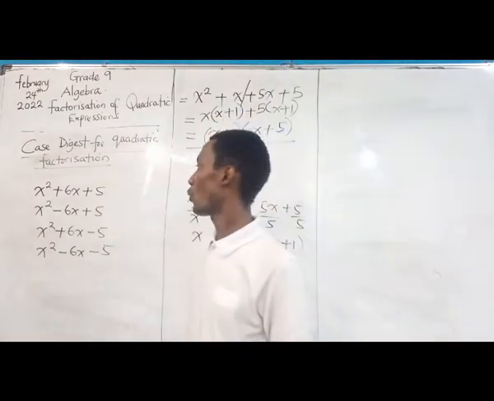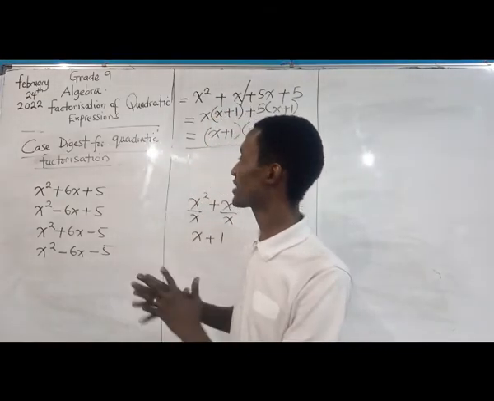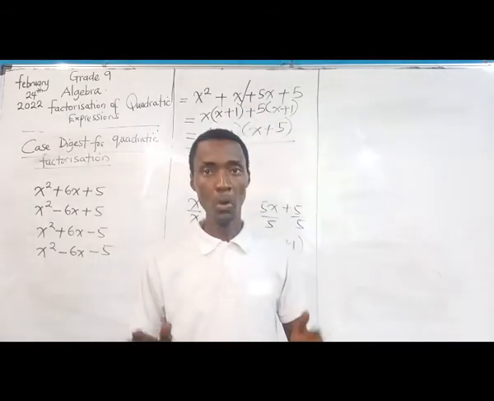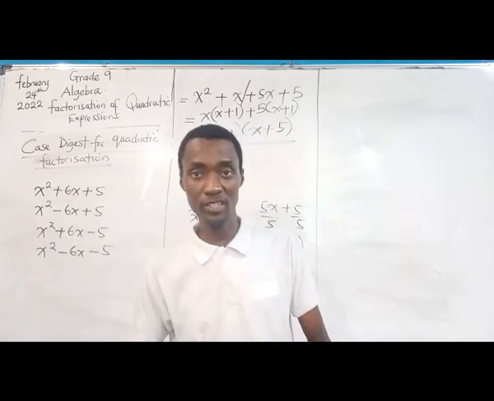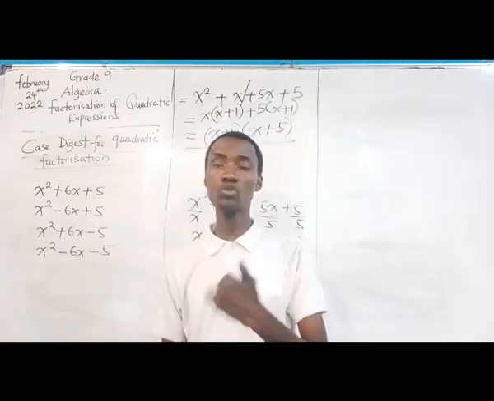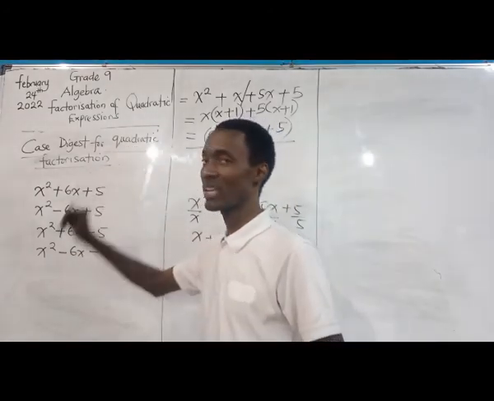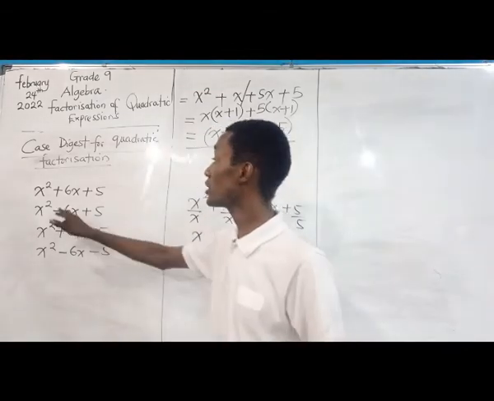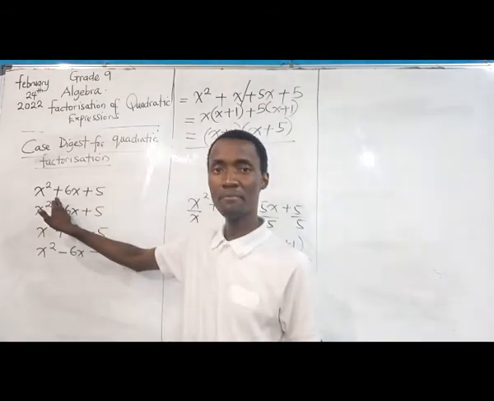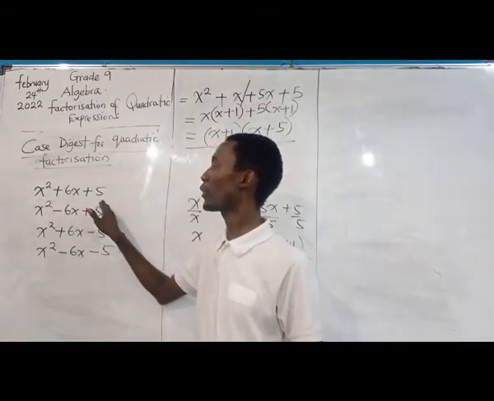Okay, now we look at what is called case digest for quadratic factorization, or what you may call quadratic expression factorization. There are 4 possibilities you can have when it comes to factorizing quadratic expressions. The first one is a scenario where the middle term and all the terms are positive.